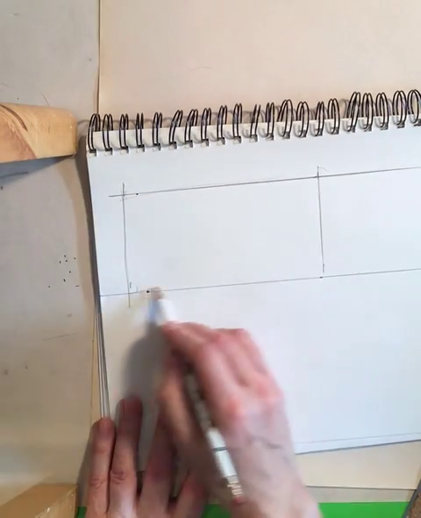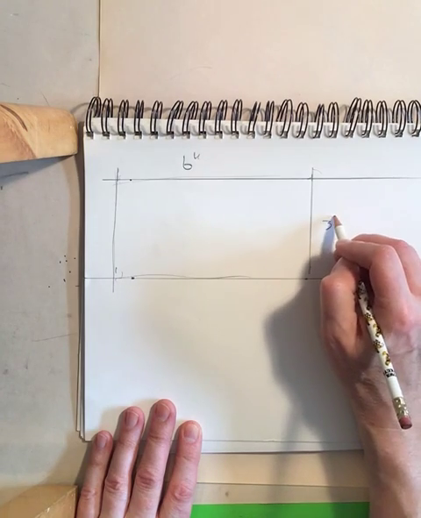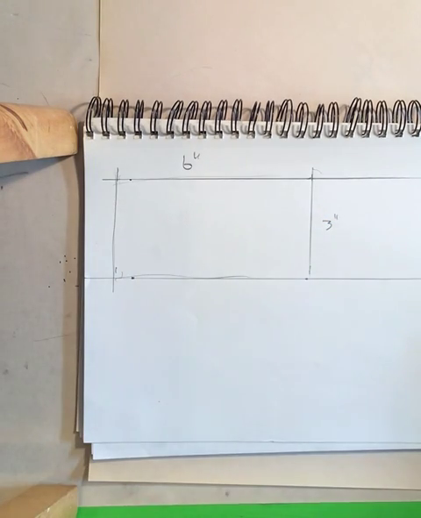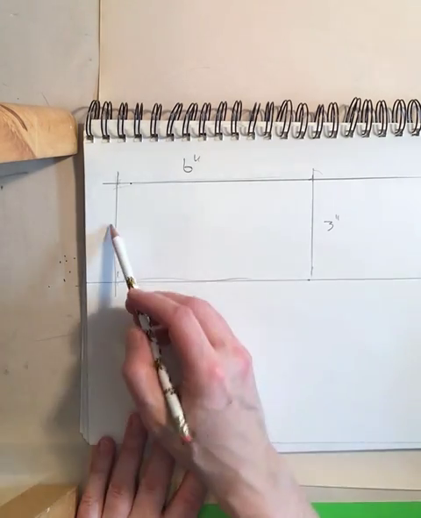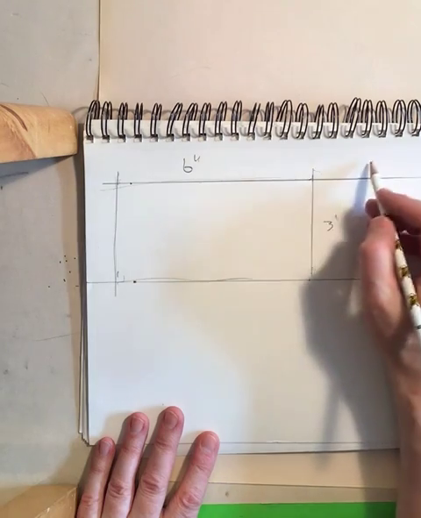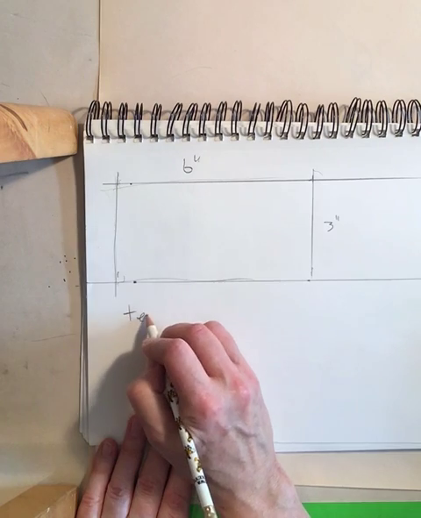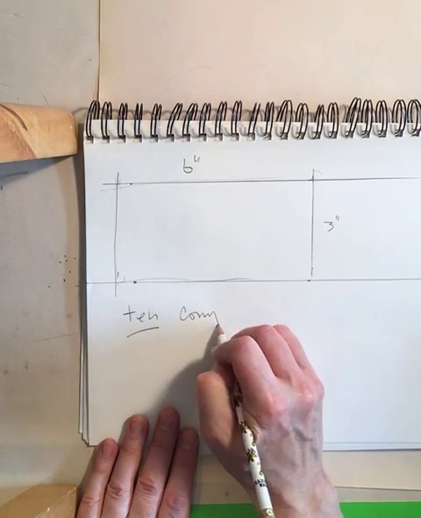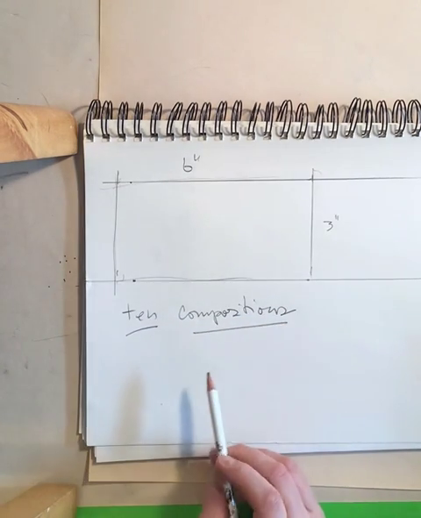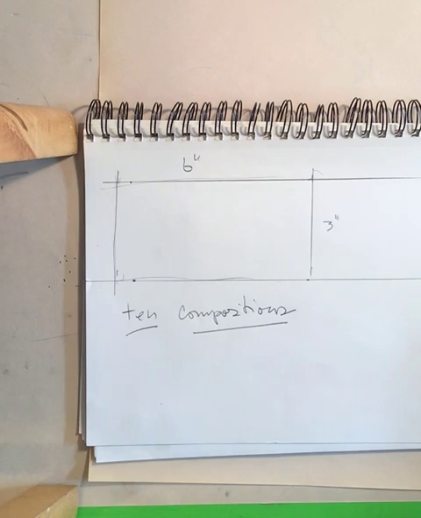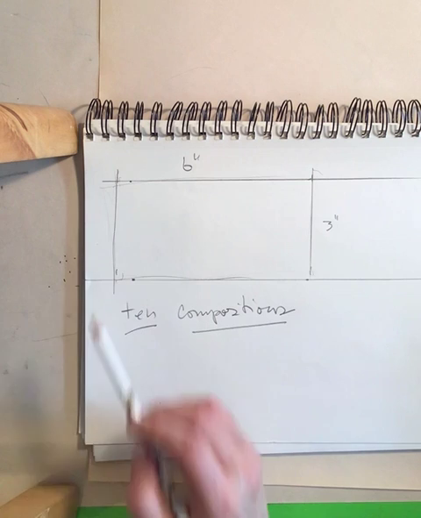So your initial drawings can be this. This is 6 inches, 3 inches, and I'm going to say you're going to make 10 compositions. That's an initial set of drawings to warm up to creating a good set for yourself.